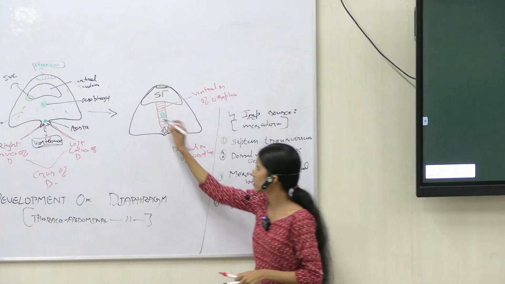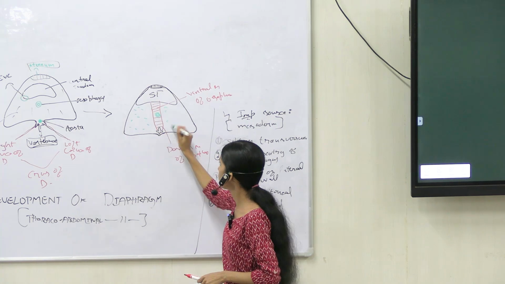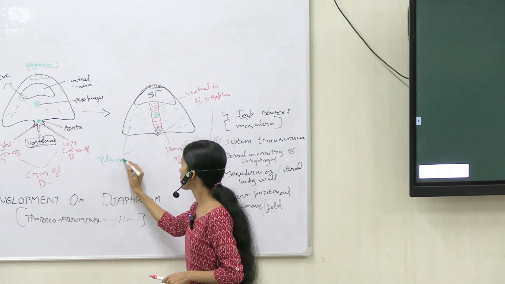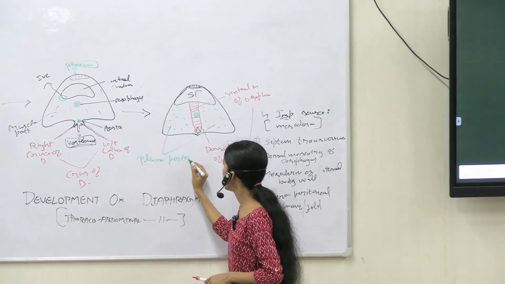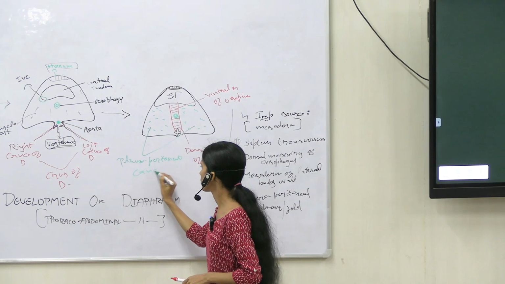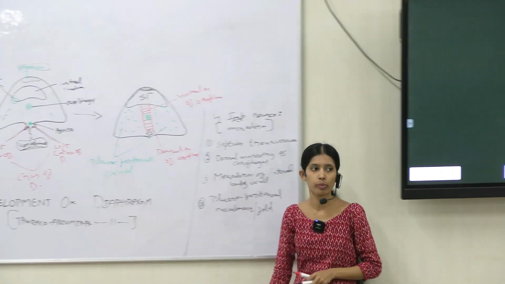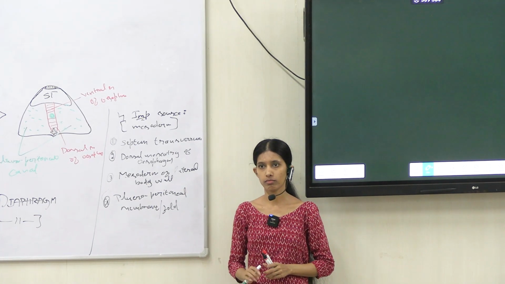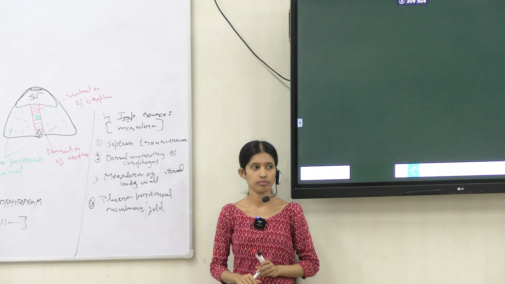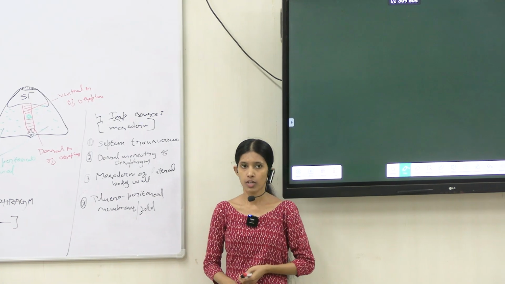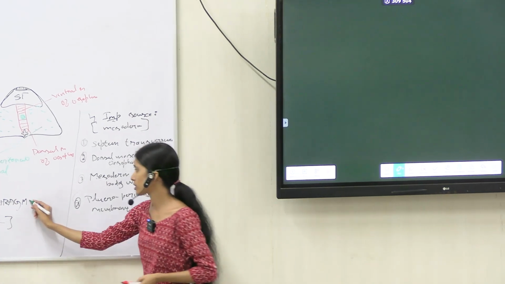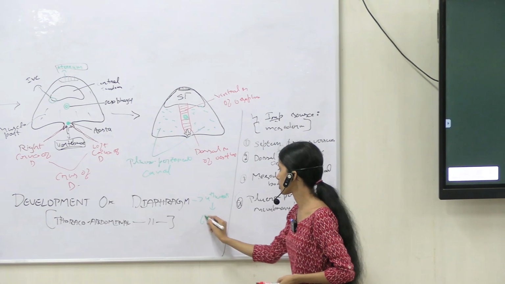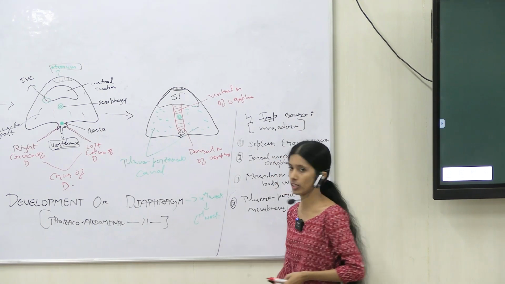Okay. On either side of this, we have pleuroperitoneal canal. This is the pleuroperitoneal canal. Okay. Your development of diaphragm starts from 4th week and extends up to the 6th week.